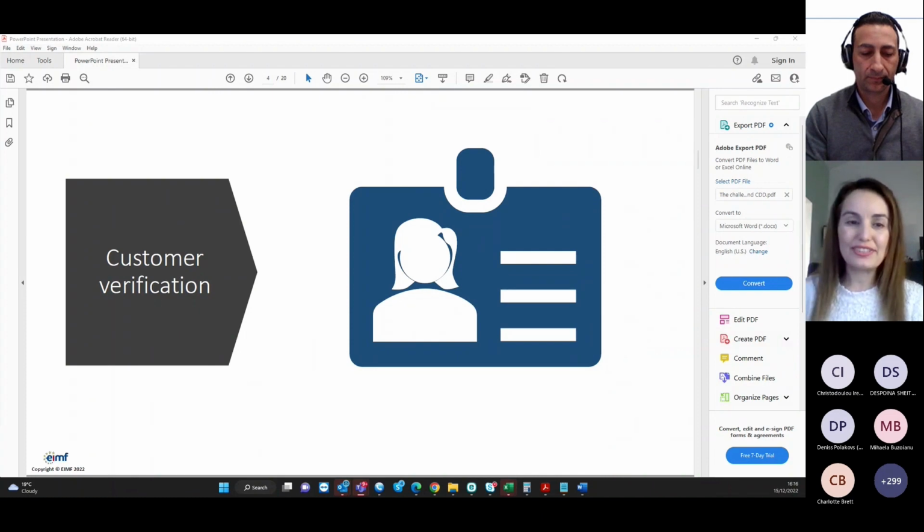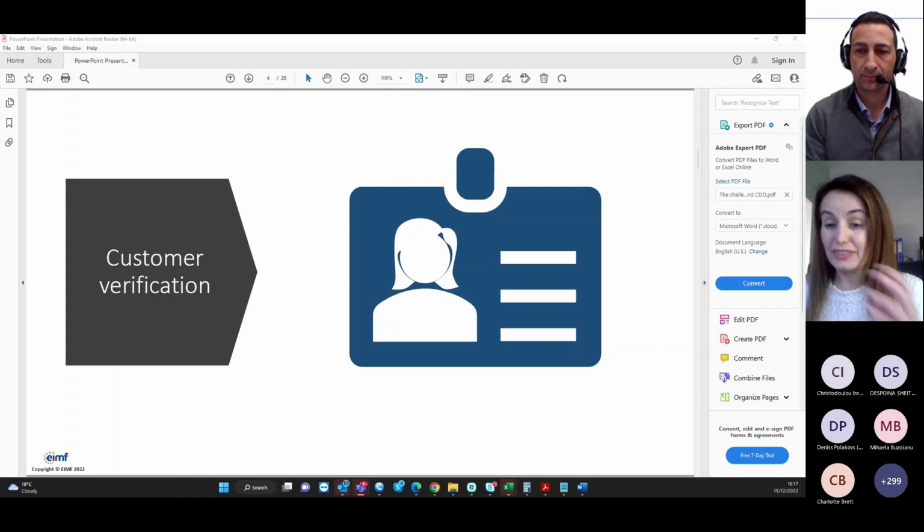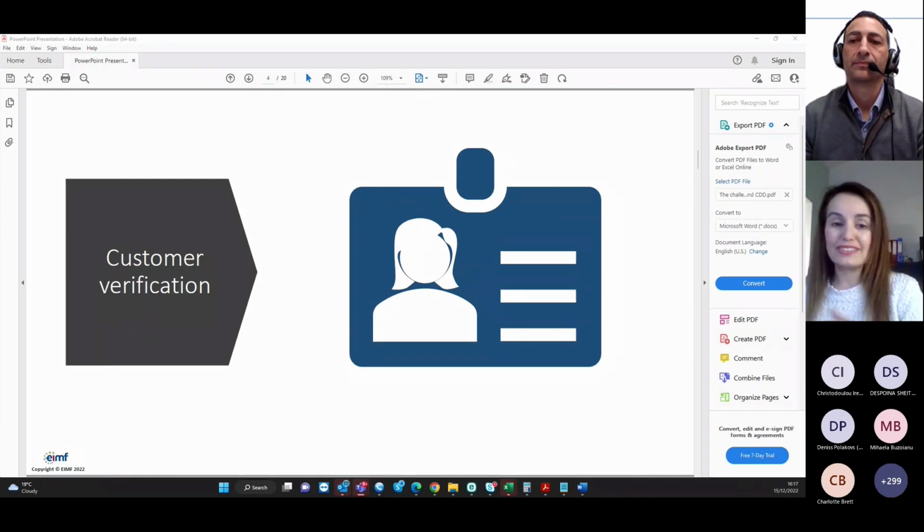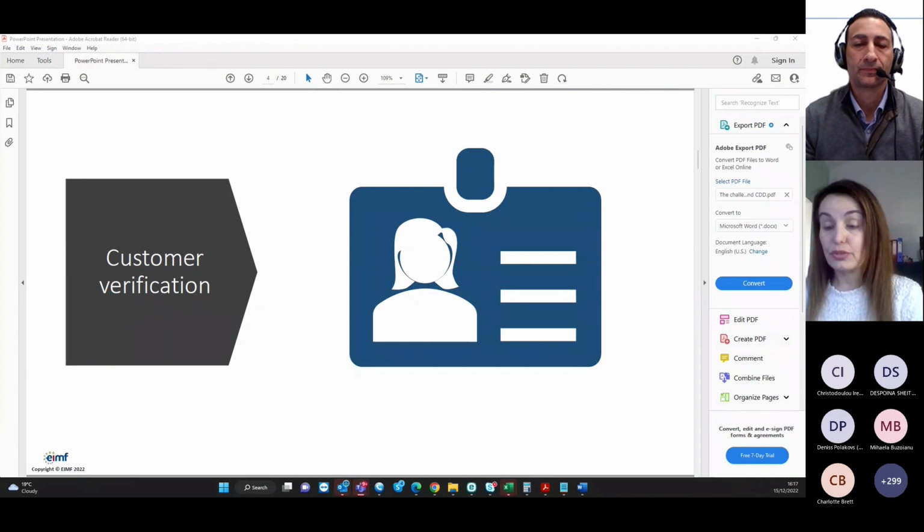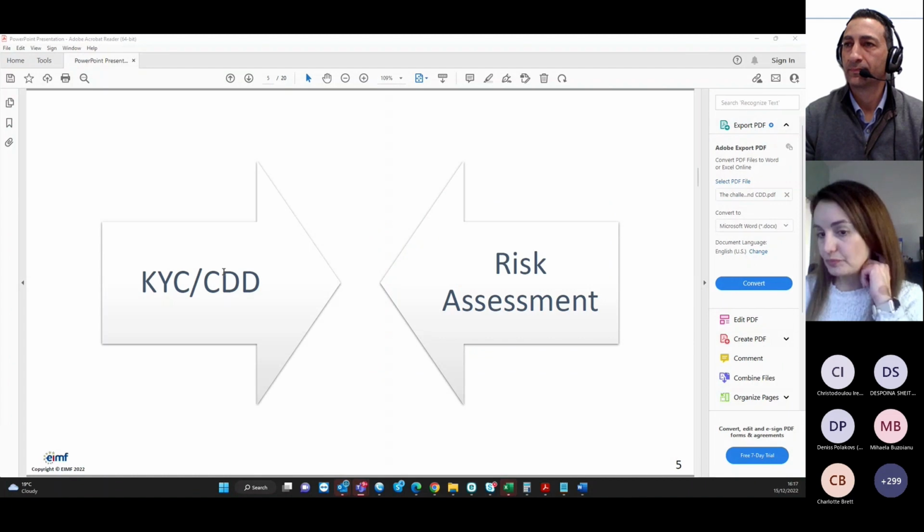We cannot, as a friend said, beat criminals who are taking technology to the fullest with manual tools. It's important to have the appropriate tools in place to prevent fraud, because fraud can result in significant losses for a company. So next slide, Panagiotis.